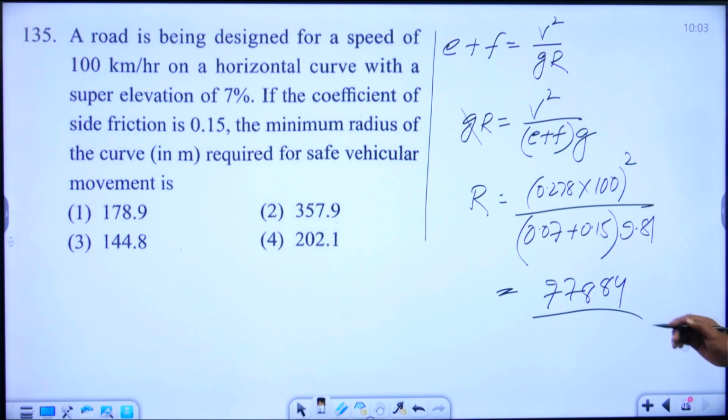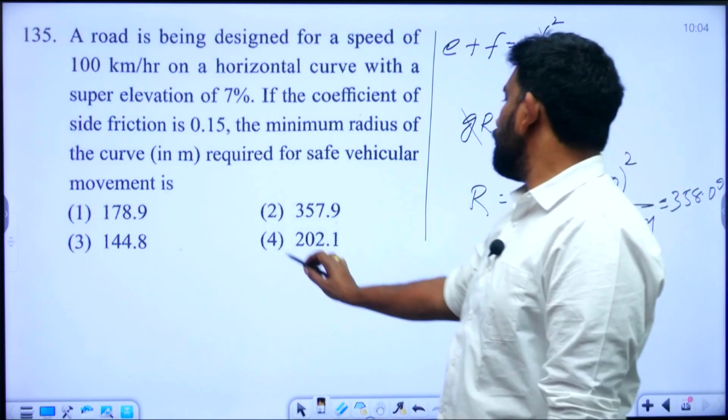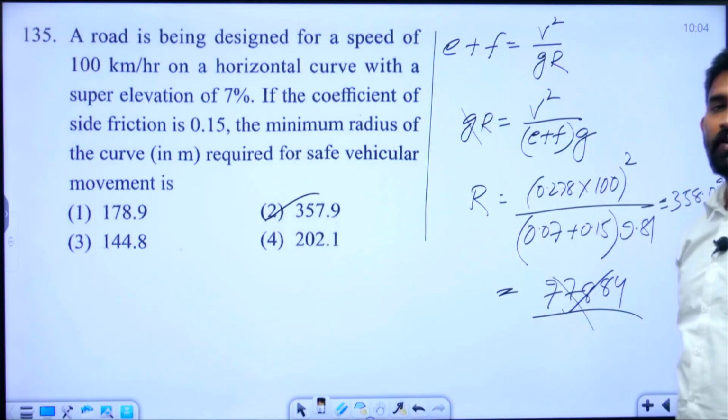The direct calculation value comes out to be 358.094. The value comes out to be 358 here. You can take that directly.